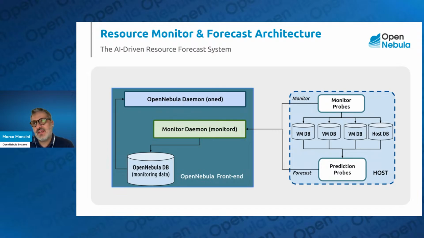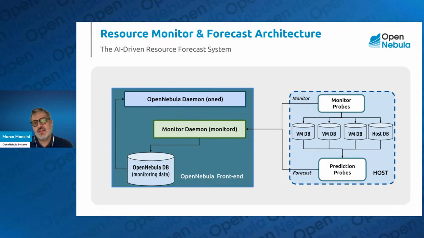For each VM running in the host and for the host itself, the monitoring probe will write data on a database that is local to the host. This allows us to really scale the prediction, because predictions are executed by probes that are part of the monitoring system itself. These are started with the monitoring agents.